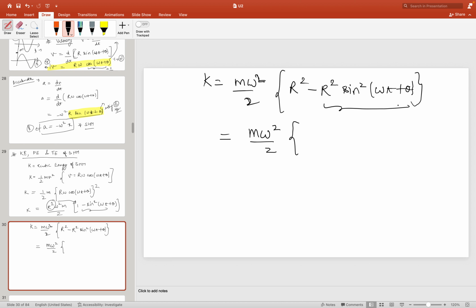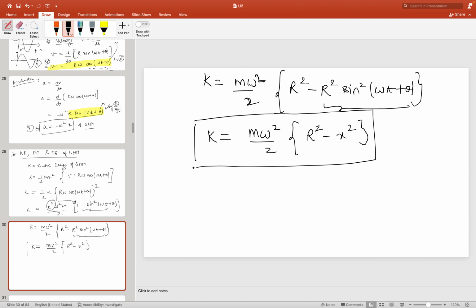So again this can be written as x square. So this is the value of kinetic energy that we have got, your equation number 9: m omega square upon 2 times r square minus x square.